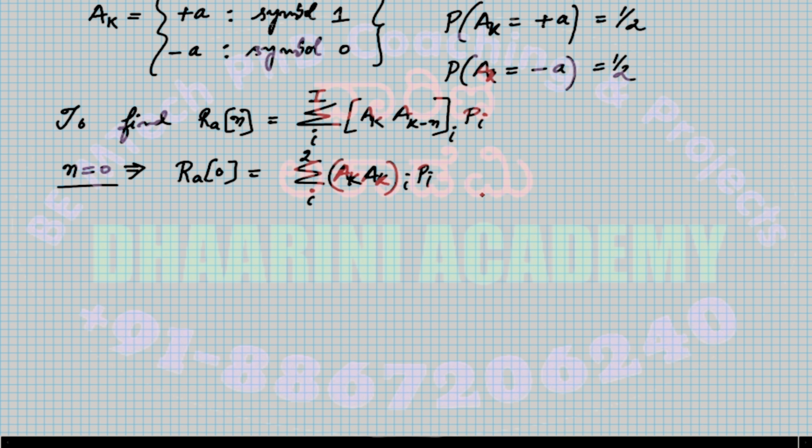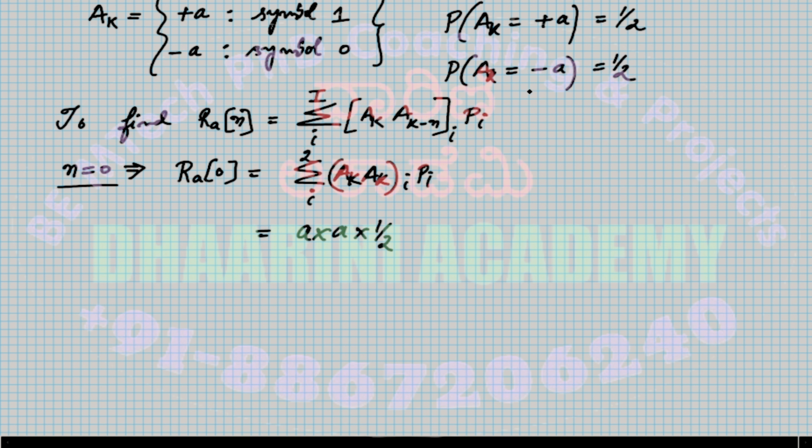Okay, so what are the two possibilities that you can consider now? One is simply A into A, with probability half. That's the first one.